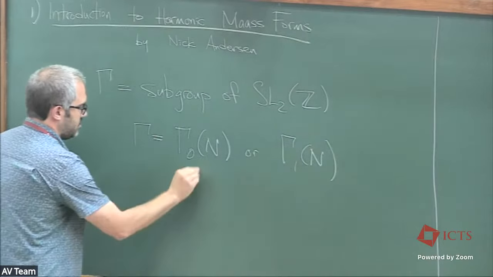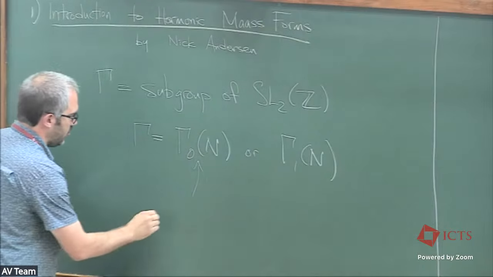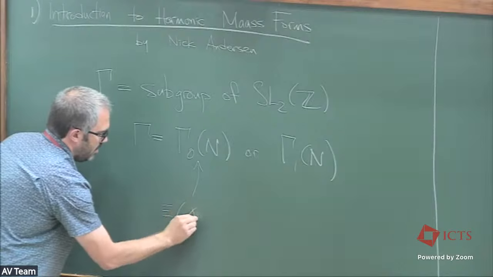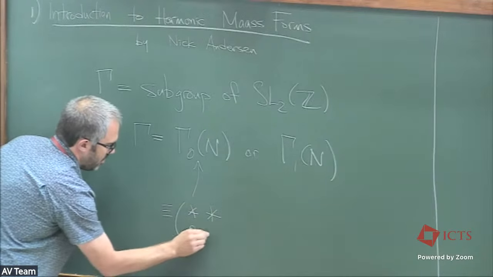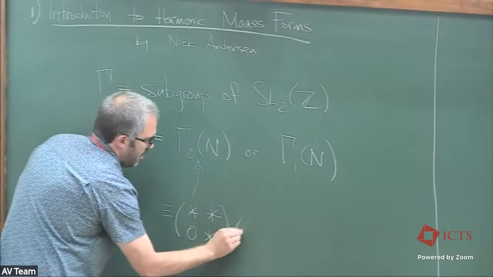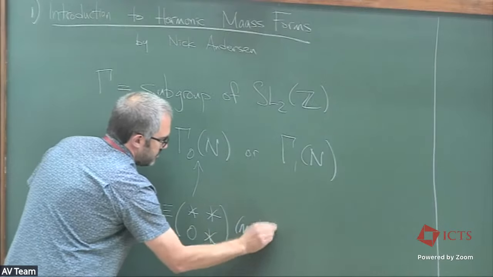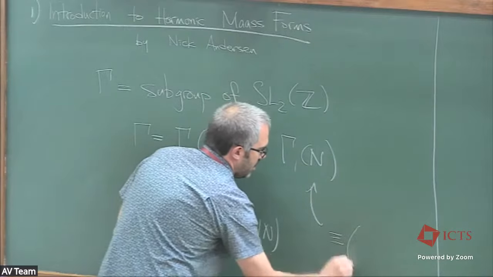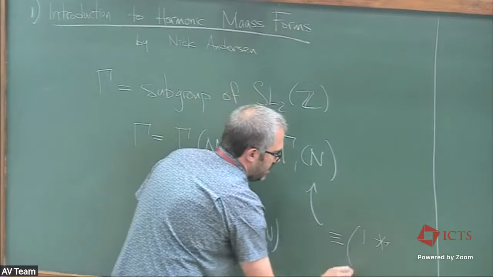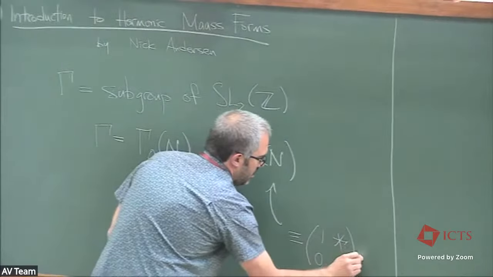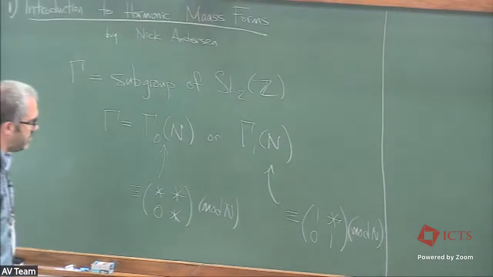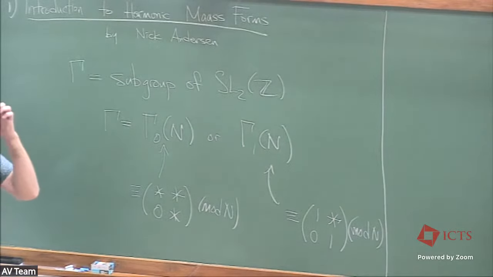The matrices in gamma 0 of n are all congruent to (anything, anything; 0, anything) mod n. And all of the matrices in gamma 1 of n are congruent to (1, anything; 0, 1) mod n. These are the usual standard congruence subgroups of SL2Z that we're going to work with.